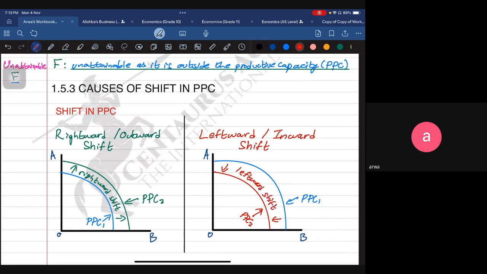So these are the two types of shifts that you can see. We are not discussing right now what is the reason for this rightward or leftward shift. We'll do that later on.